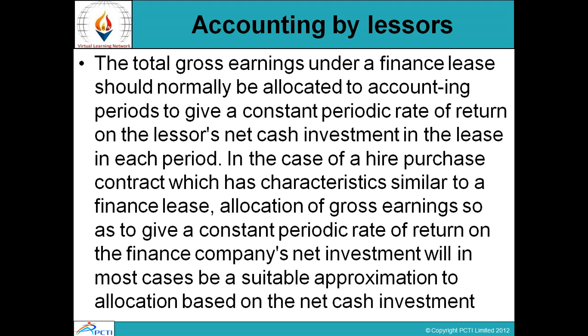In the case of a hire purchase contract which has characteristics similar to a finance lease, allocation of gross earnings so as to give a constant periodic rate of return on the finance company's net investment will in most cases be a suitable approximation to the allocation based on the net cash investment.